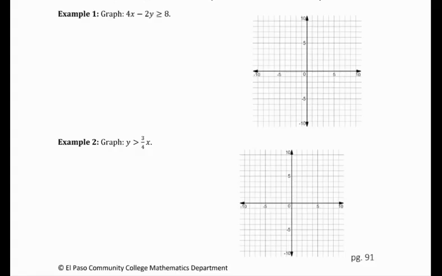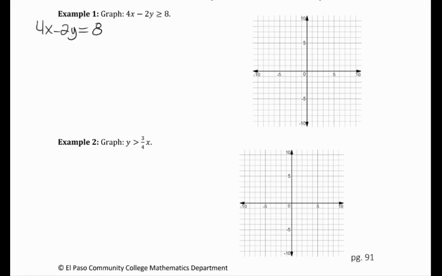For example 1, it says to graph the inequality 4x minus 2y is greater than or equal to 8. So the first thing we need to do is replace the inequality sign with an equal sign, and then we're going to solve this equation to leave it in the form y equals mx plus b. So we have 4x minus 2y equal to 8.